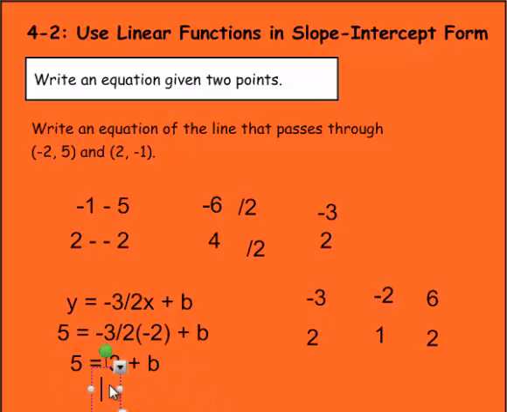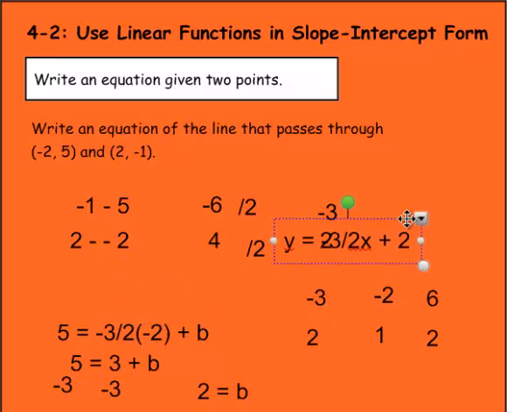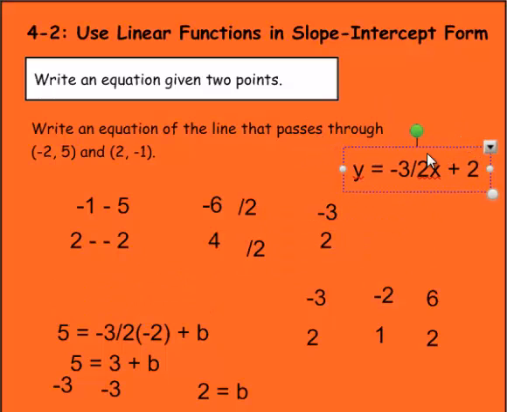I can subtract 3 from both sides. 5 minus 3 is 2, so b equals 2. And now I could just plug this 2 into this equation, and then this would be my equation. y equals -3 over 2x plus 2.